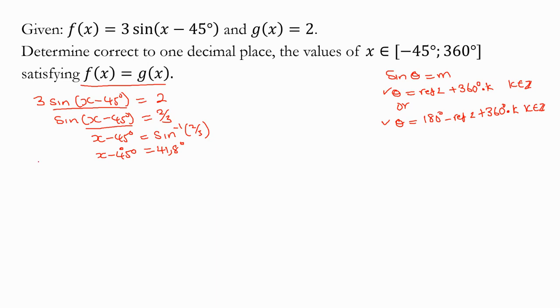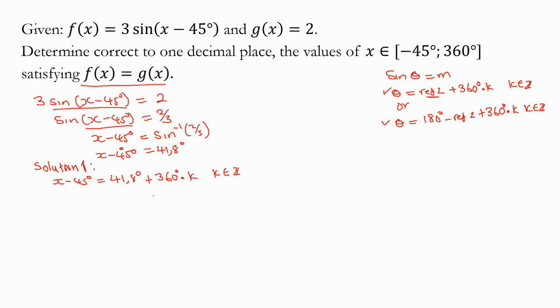Solution 1: x − 45° is equal to the reference angle, 41.8°, plus 360° × k, where k is an integer. That is solution 1.